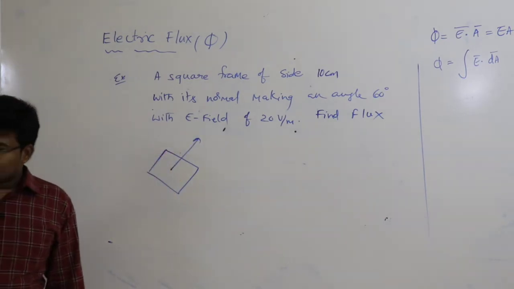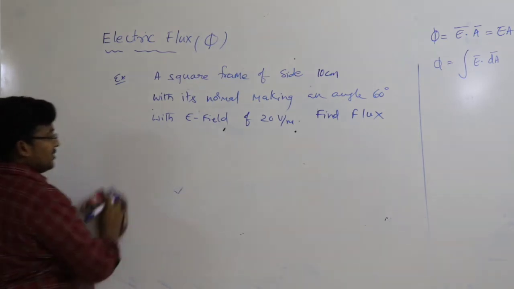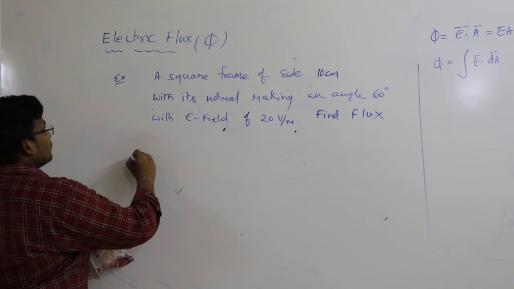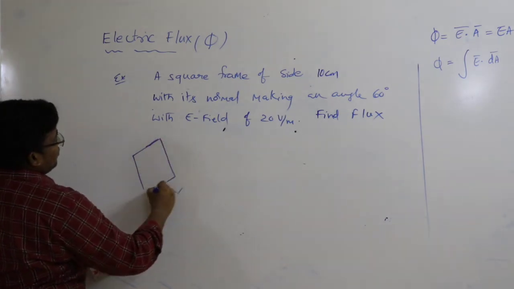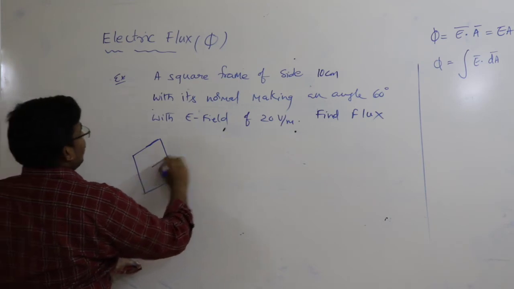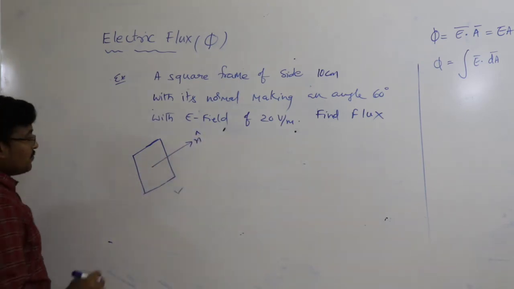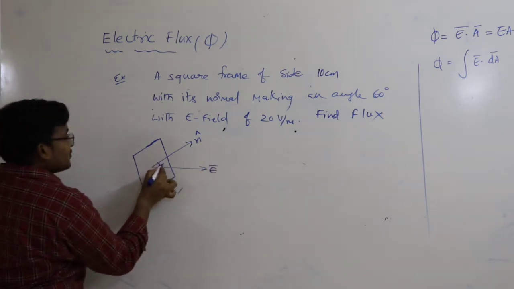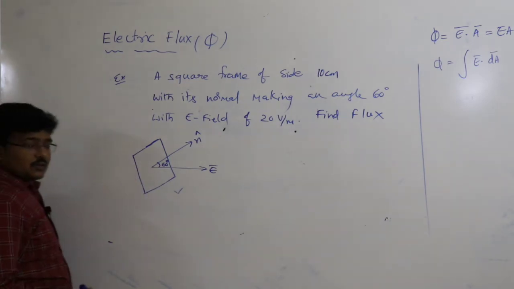It is impossible to draw, I will draw like this, a square frame like this. Its area vector, this is called a normal vector or area vector, which is making 60 degrees with the field, 60 degrees. Now what is the flux?